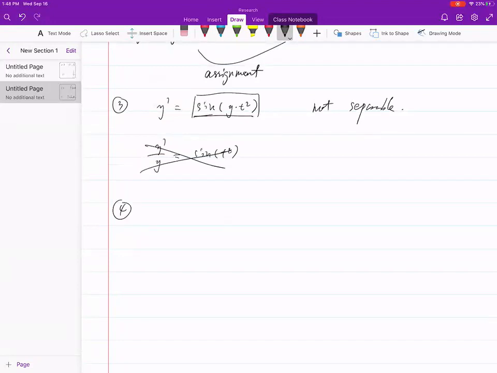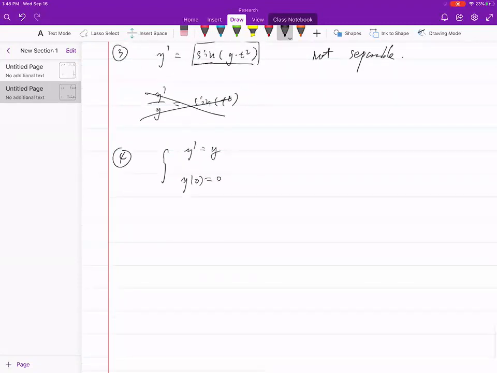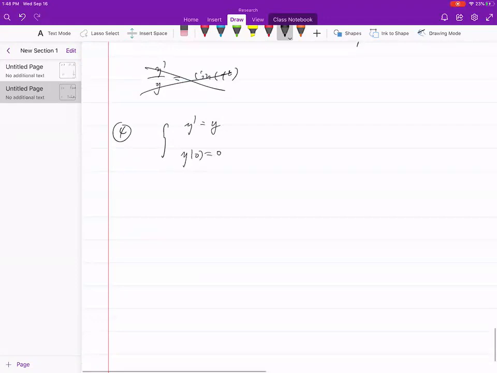Okay, some other small examples to show you some, I won't say rare, but some tricky situations you need to be careful about. The first one is this initial value problem, y prime equals y squared, and y of 0 equals 0. Now our focus is not on how to solve it, but more about being careful. Weird things can happen. I think everyone can do it.